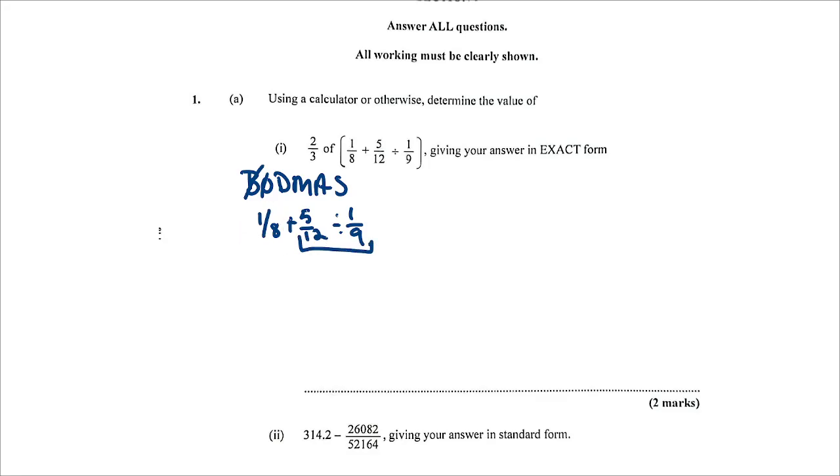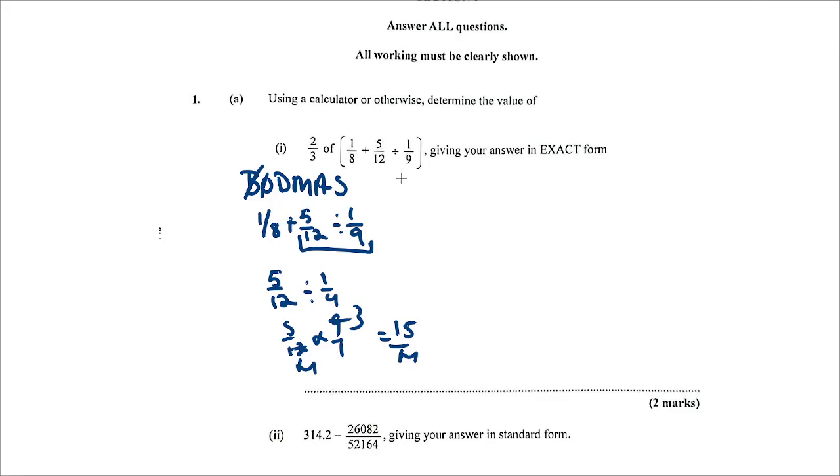Now this is just in case they did not tell you to use a calculator. If they did not say use a calculator, you do need to show all your working. You would divide first, then add, and that would give you your answer for your brackets, and "of" means to multiply. So 5/12 divided by 1/9 becomes 5/12 multiplied by 9/1, which gives 15/4.